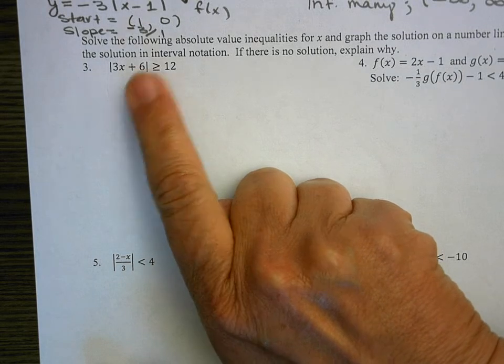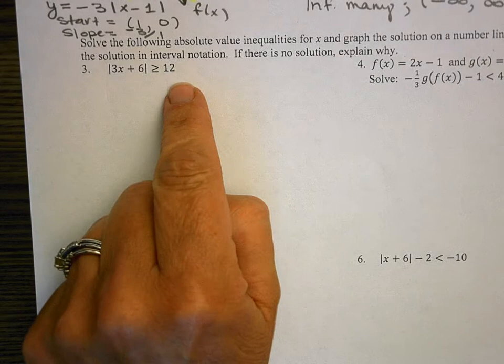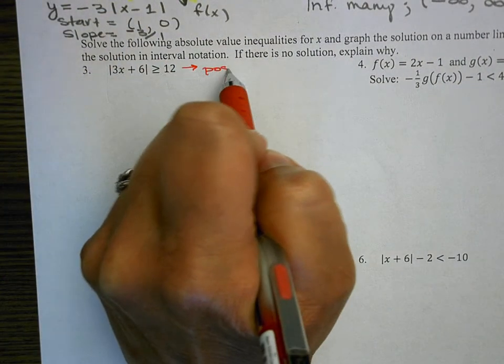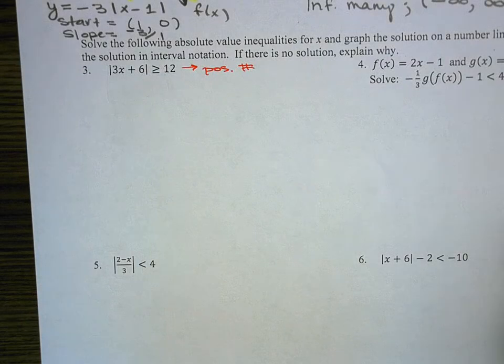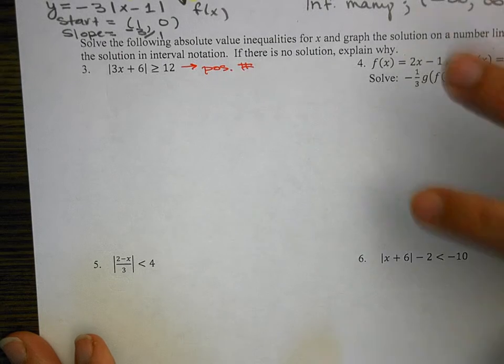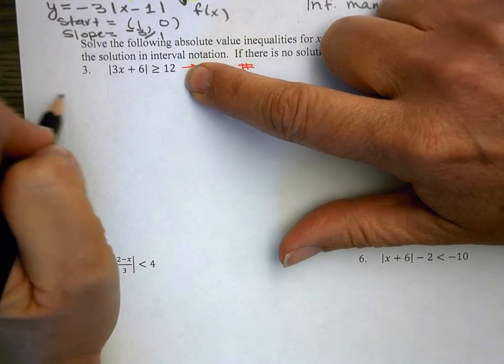So then now we see that this is a positive number. So if this is a positive number here, then we need two equations that we're going to be working with, right? So positive number, so we have to have two inequality equations to solve. So our first one is going to be that positive version. So just do positive here.